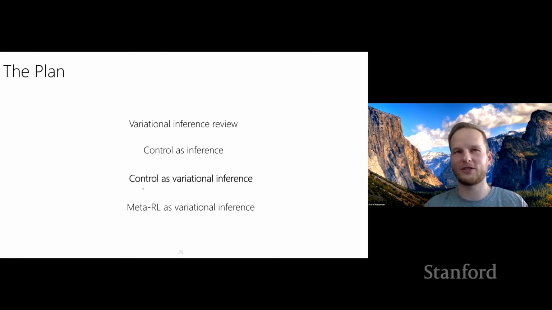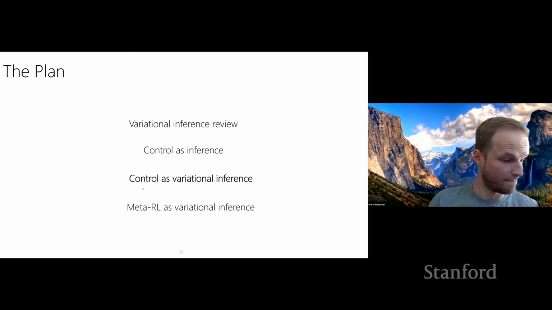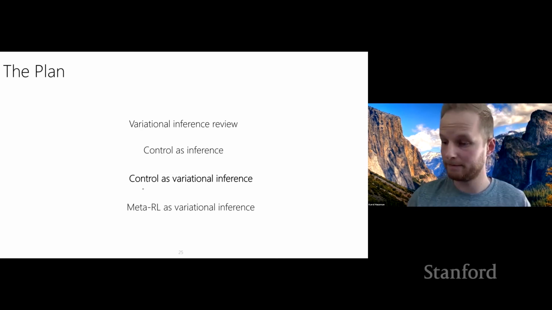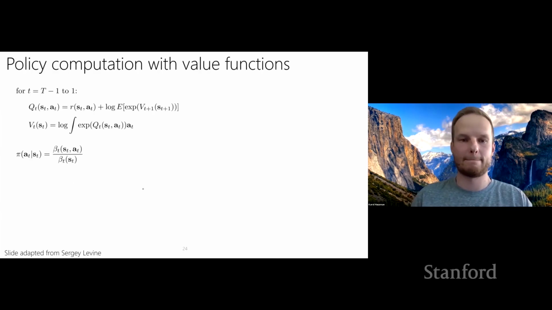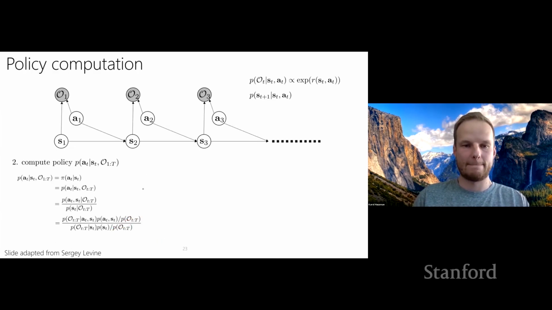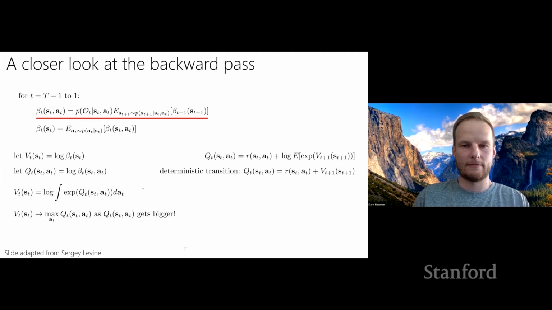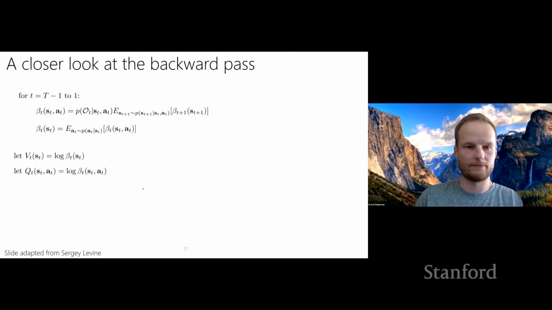All right, so this is quite a bit of math in control as inference. I was trying also to give you a little bit of intuition, but are there any questions at this point? I did have a question about the backward pass, and in particular the big T. I didn't really understand how this algorithm gets off the ground running. Maybe you could first explain what big T is.